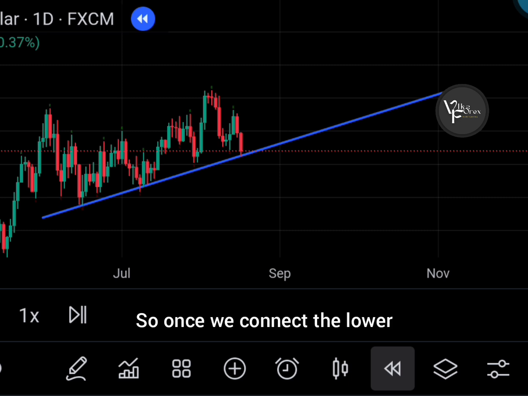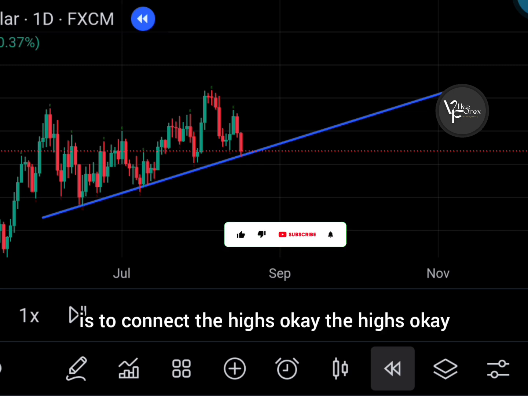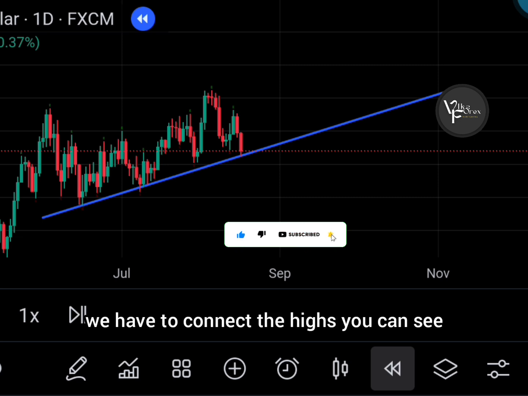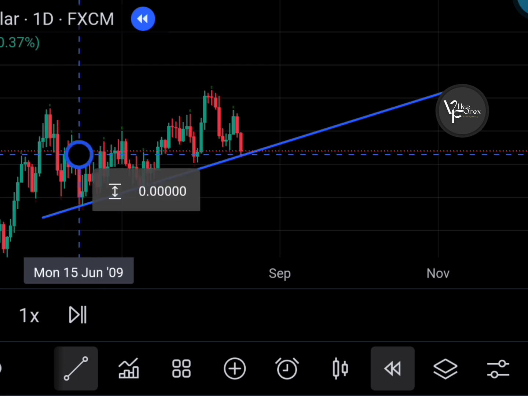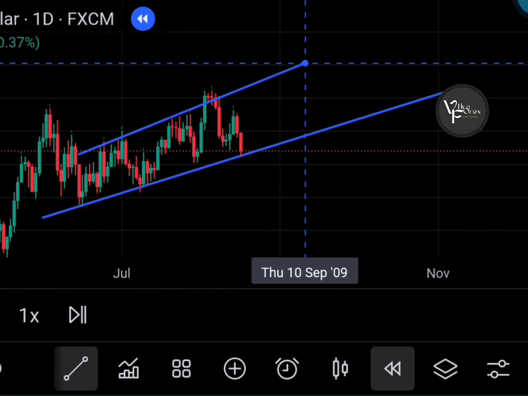Once we connect the lower lows of an uptrend, what we do next is connect the highs. We have to connect the highs. You can see that they are higher highs.